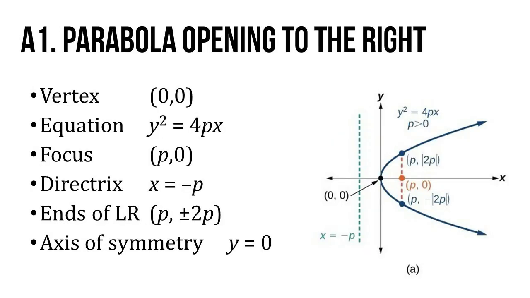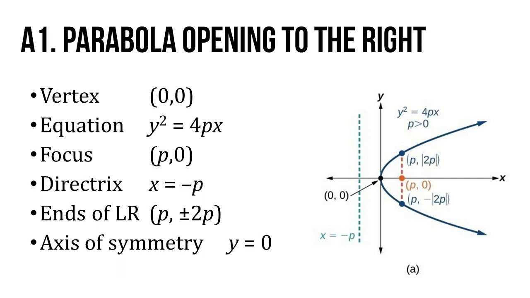So we have different cases of the parabola. Here we have 8. The first one is the parabola opening to the right. When a parabola opens to the right and the vertex is at the origin, (0, 0), the equation is y squared equals 4px.